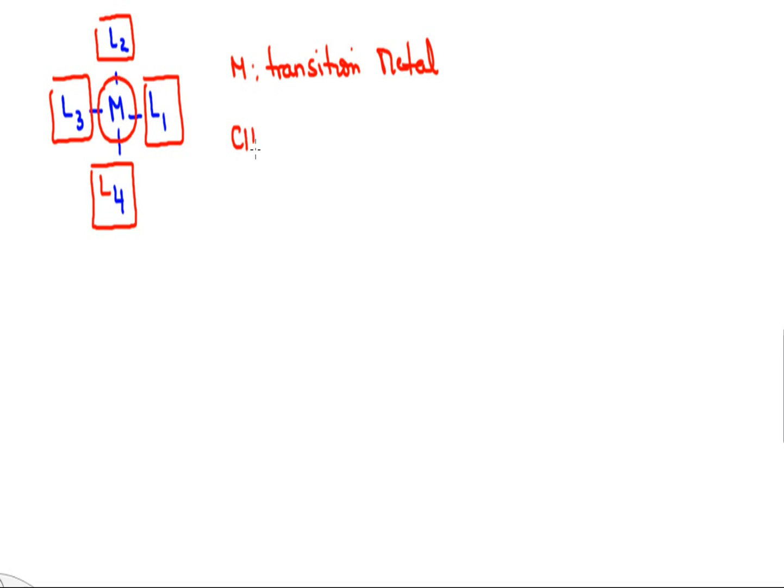Suppose we have CH3CN. If we draw the Lewis structure, CH3, CN, N. The structure is complete. The central atom has 8 electrons, and the outer atom also has 8 electrons.